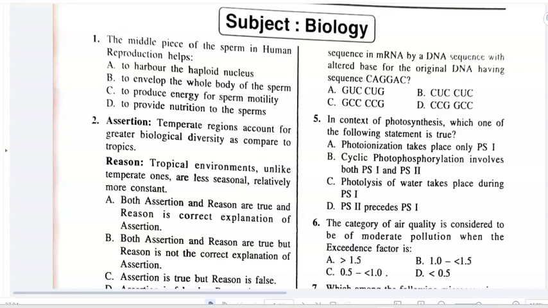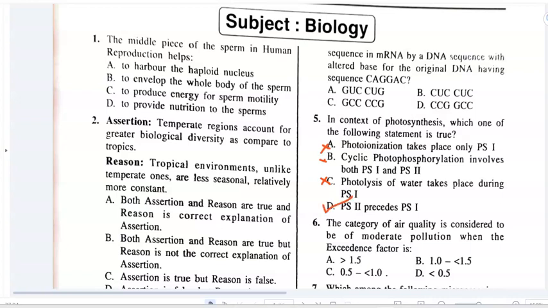Photoionization takes place only in PS1? No, PS2 is involved in photoionization too. Next, cyclic photophosphorylation involves both PS1 and PS2? No, non-cyclic photophosphorylation involves both PS1 and PS2. Photolysis of water takes place during PS1? This is wrong, this is also wrong, this also.